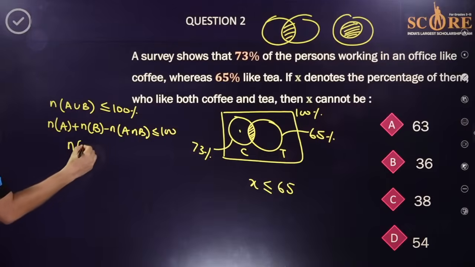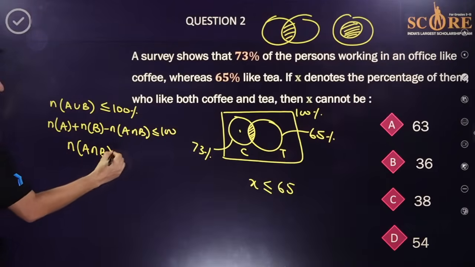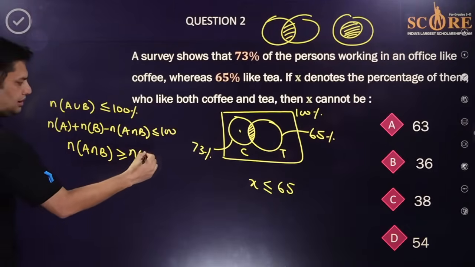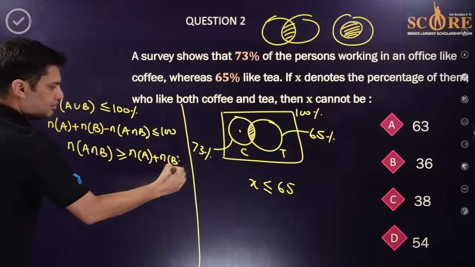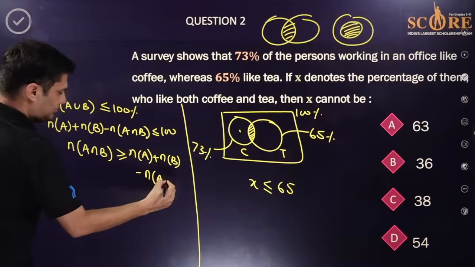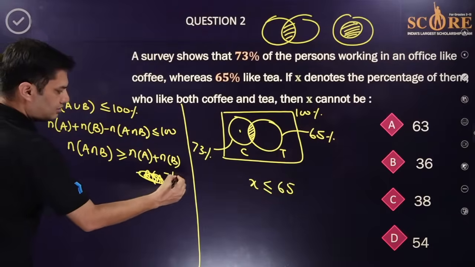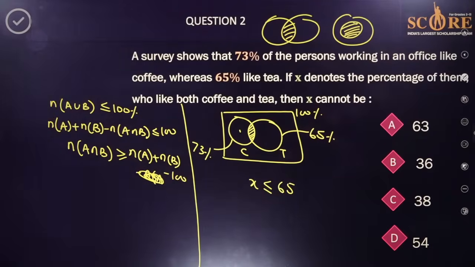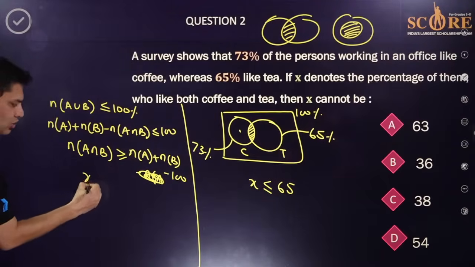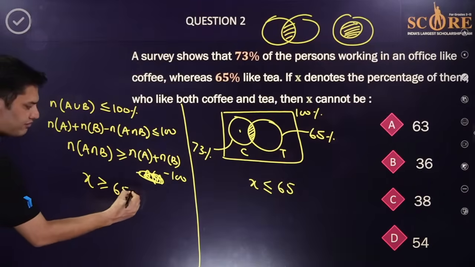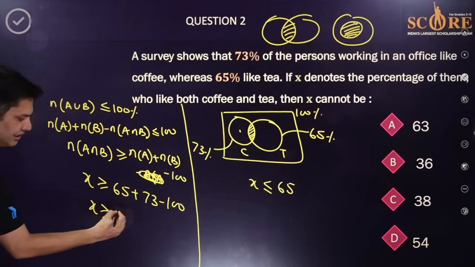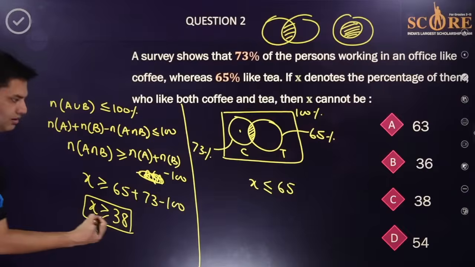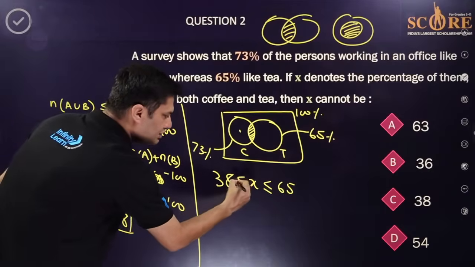So the minimum value of A intersection B is n(A) plus n(B) minus 100. That's the minimum value. So X is always greater than or equal to 65 plus 73 minus 100, which is 38. So the answer is 38 to 65.